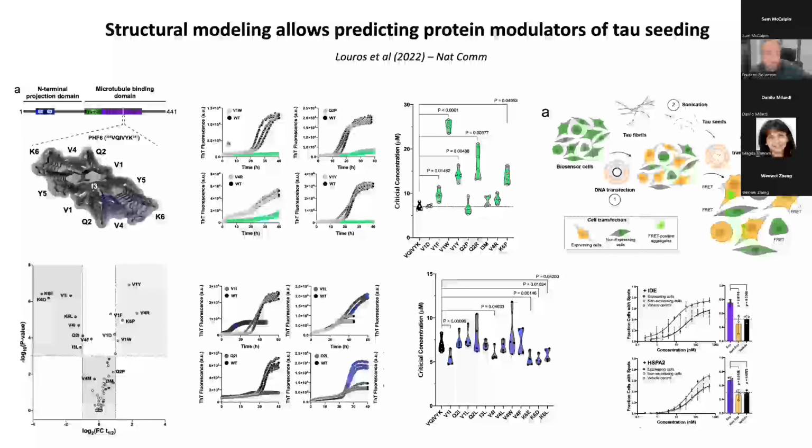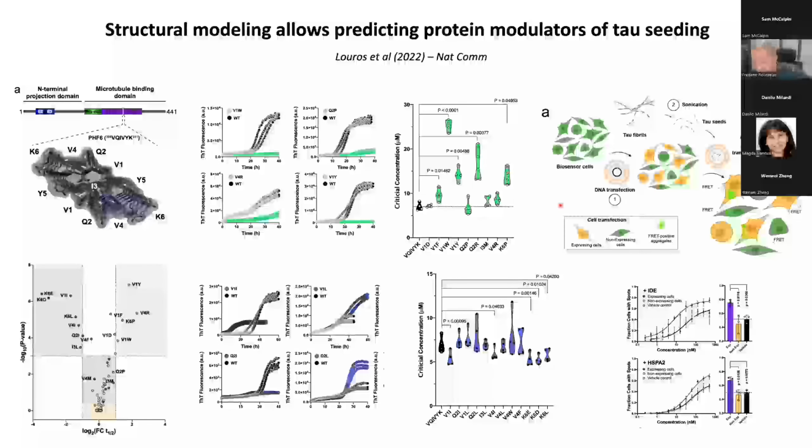And you can see that some of them inhibit nicely the aggregation of the peptide, others increase the aggregation. And the ones that inhibit aggregation also increase the critical concentration of the peptide. And conversely, the ones that favor aggregation will also lower the solubility of the peptide.